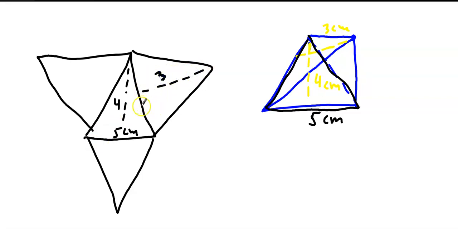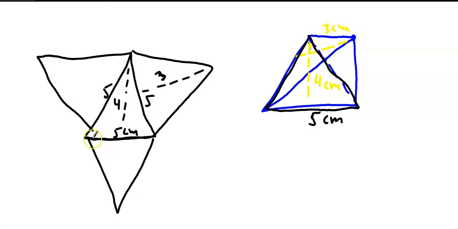Now I'm assuming this is an equilateral triangle, so if this is 5, this is 5, and this is 5. So all of these, the one in the front, the one on the right side, the one on the left side, are all the same. Once you find the front triangle, the right and the left will be the same exact size.